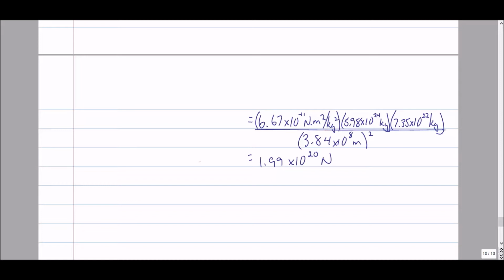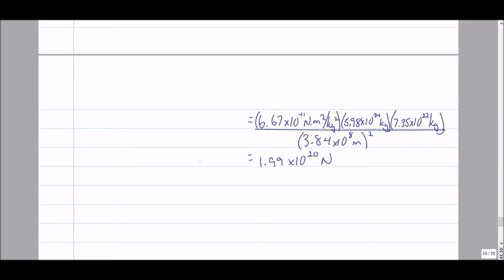So while it's a relatively weak force in the grand scheme of things, provided there's enough mass at play, we can have considerable forces. Of course, we would require a considerable force to hold that giant space rock, the moon, in orbit around the Earth.